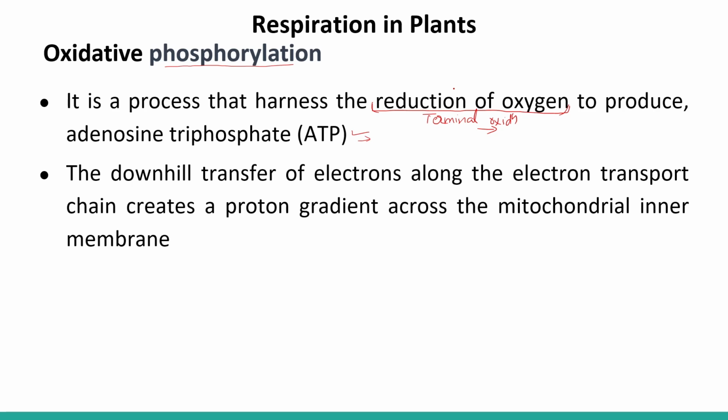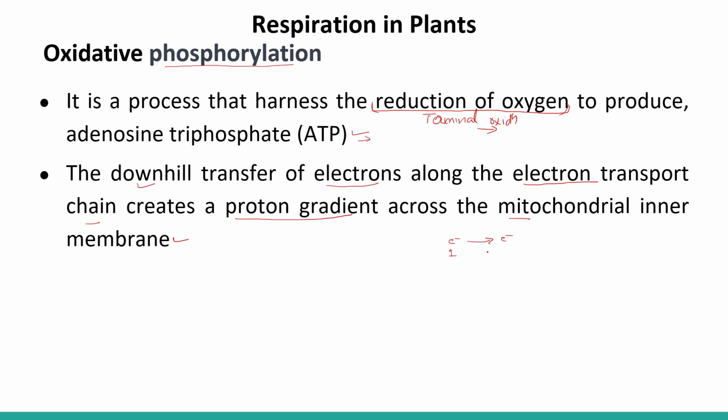So what happens during oxidative phosphorylation? The electron transfer takes place. The downhill transfer of electrons along the electron transport chain creates a proton gradient across the mitochondrial inner membrane, as electrons are transported from one electron carrier to another.